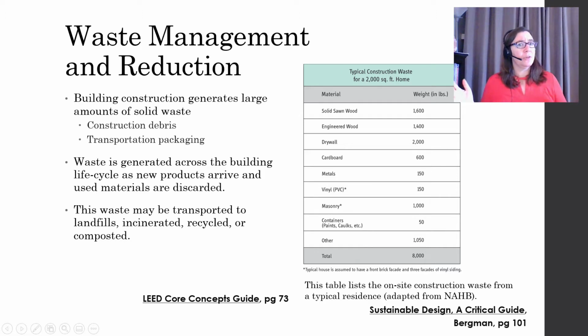Cardboard's not a construction material. Well, that's the transportation packaging we're talking about. Metals, vinyl, masonry, all the different packaging again, paint cans, caulking guns, and you end up with 8,000 pounds of construction waste.